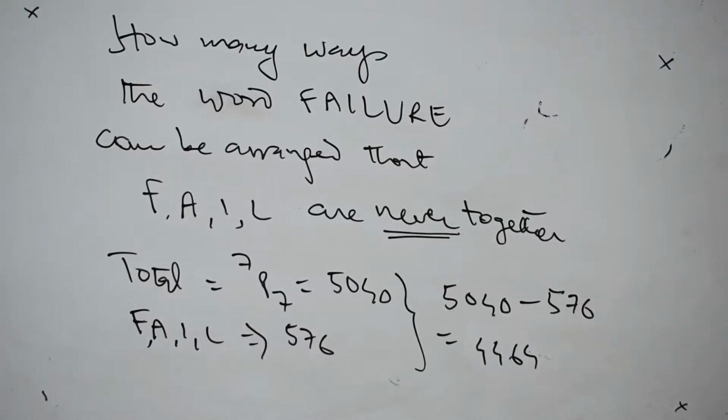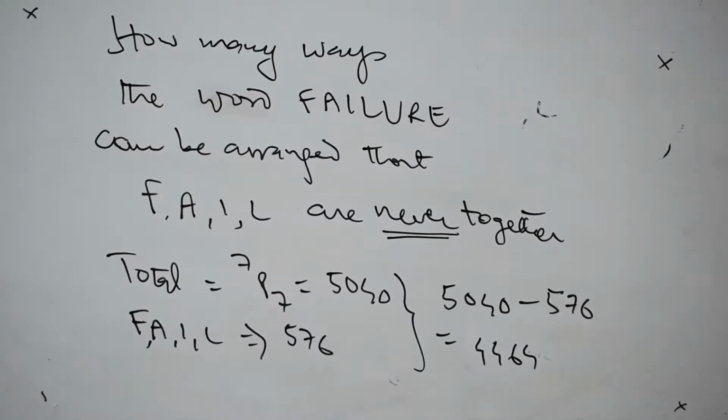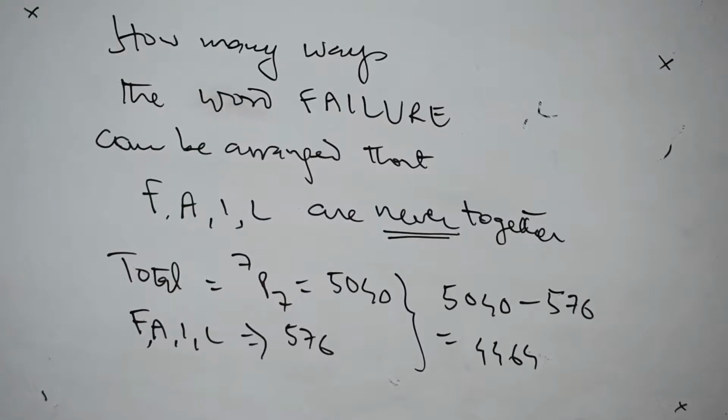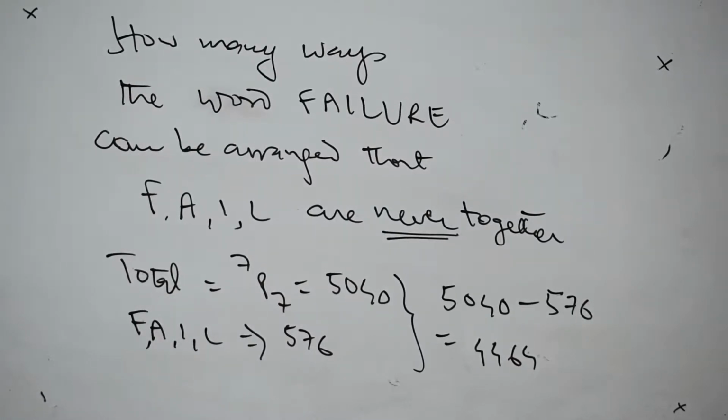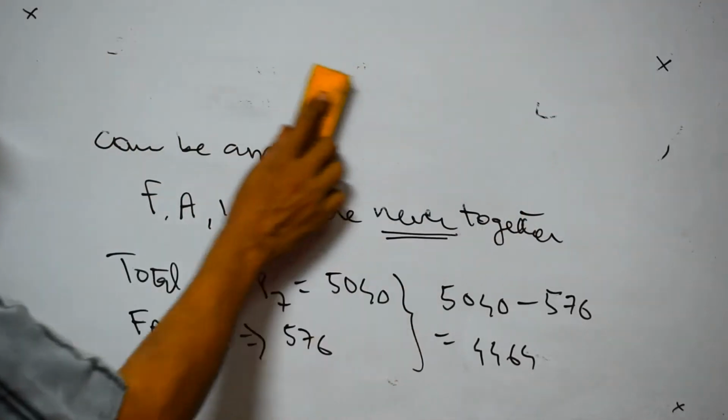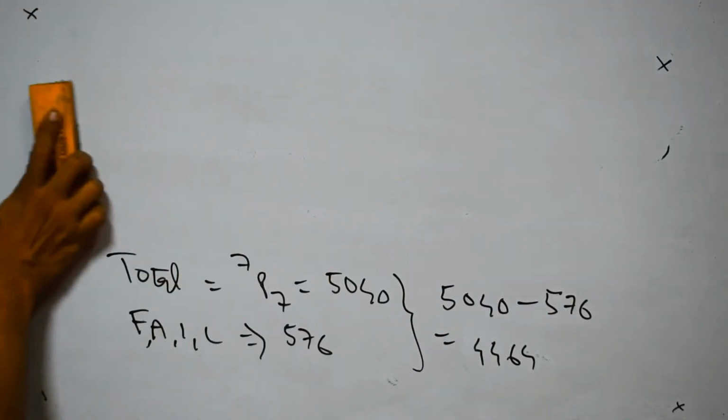Basically the idea of finding the result is to take the total possible arrangements minus the arrangements with some objects always together. If you subtract, then those objects will be never together. So whenever the question says never, we need to find out always.